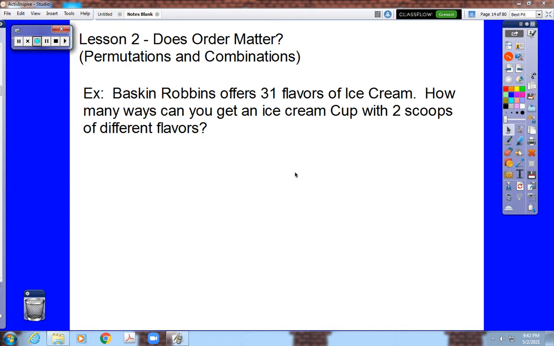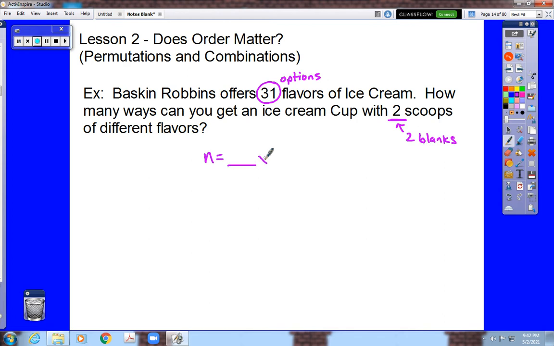So, hopefully, based on what we did in the previous lesson, you would look at this problem and say to yourself, well, gee, there's 31 options, and because I have to choose 2 scoops, there should be 2 blanks being multiplied together to find the n value.